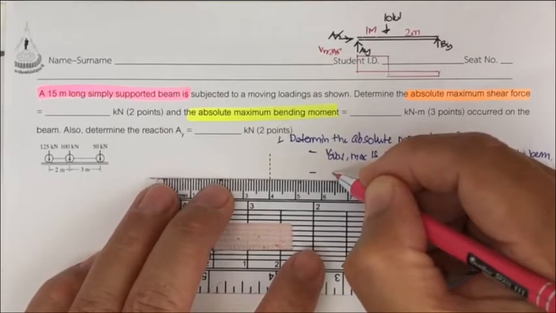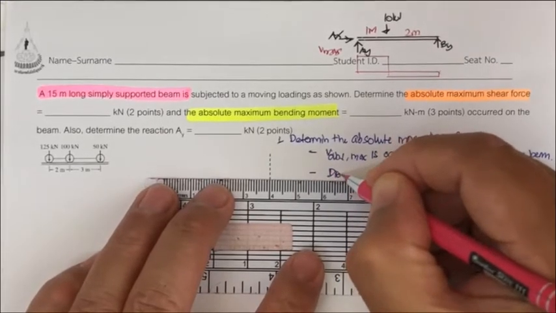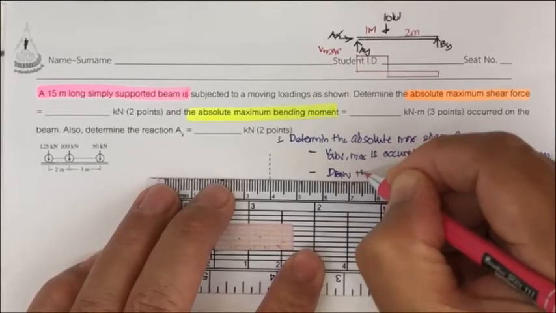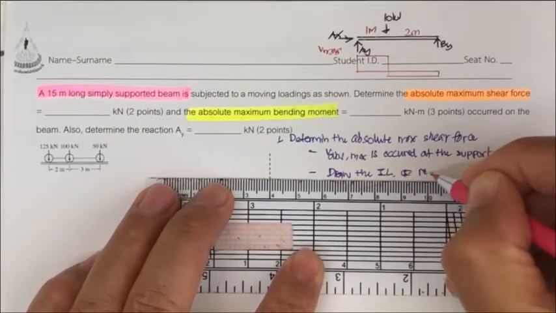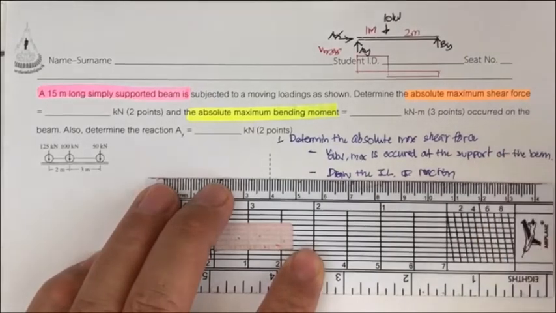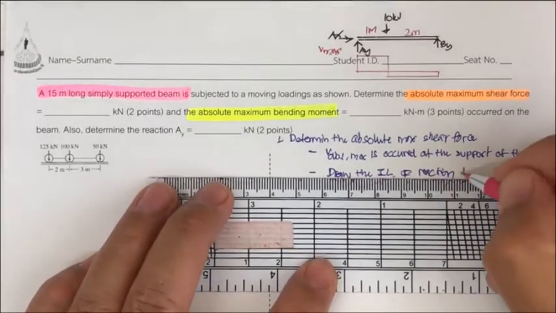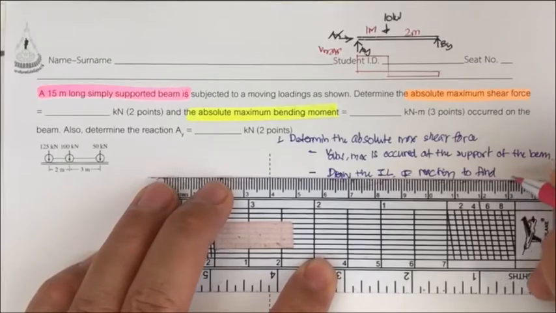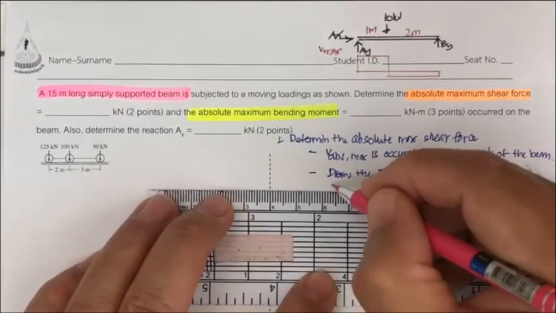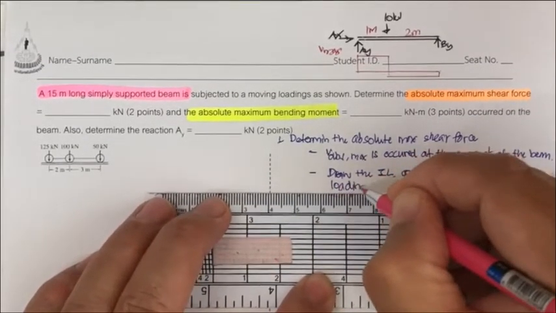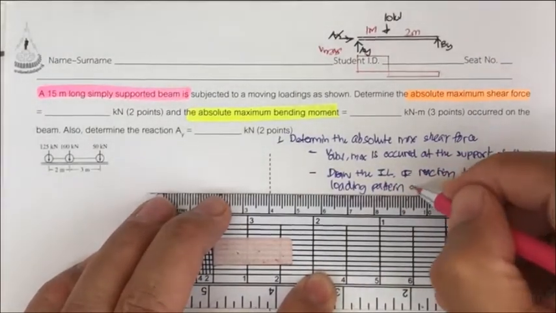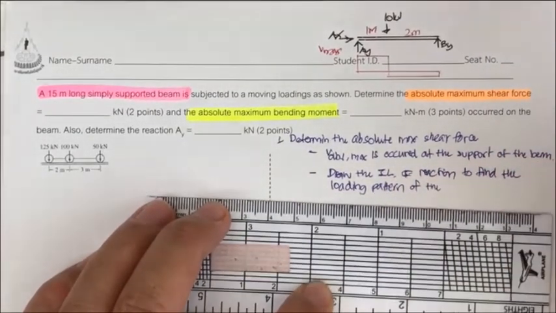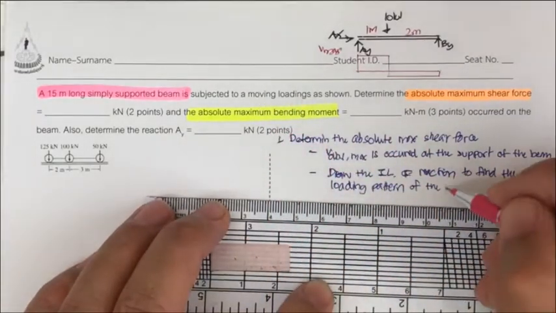And to find it, we're going to draw the influence line of reaction to find the loading pattern of the moving load, this moving load here.